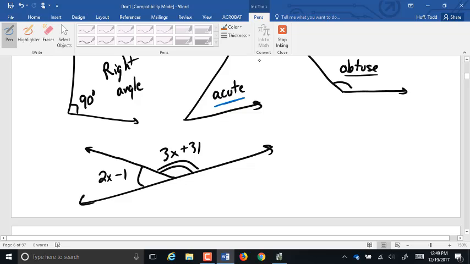How would I find what those angles are? What do I know about the relationship between those two angles? They add up to 180. So 2x minus 1 plus 3x plus 31 has to add up to 180.